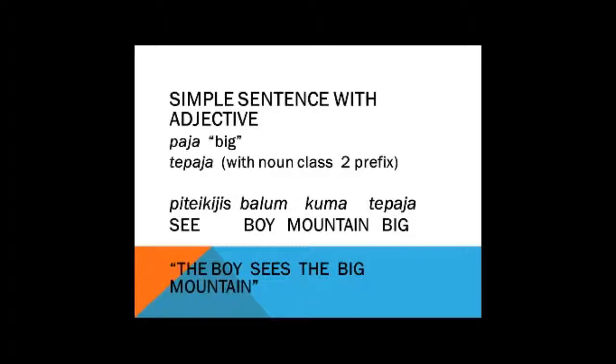Okay, now let's put the whole sentence together along with the adjective, because what we want to say this time is the boy sees the big mountain. The whole thing is going to be picheyikayis balum kuma ciepaya. The boy sees the big mountain.